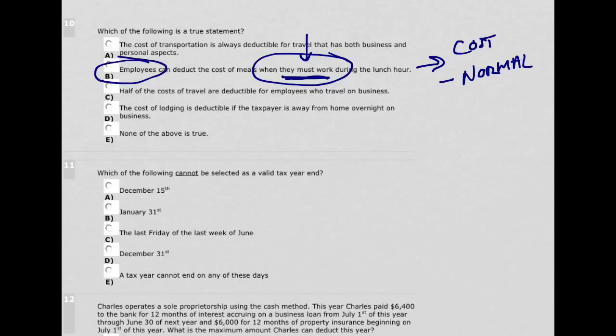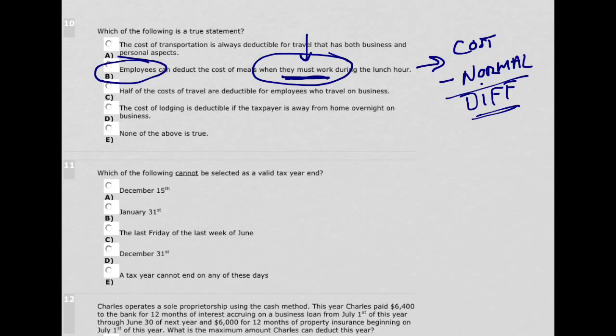So if you were to bring lunch, how much would that lunch cost you normally if you brought it, that difference is deductible. A very unusual case. By the way, it's a rare circumstance, yet that's what they were looking for.